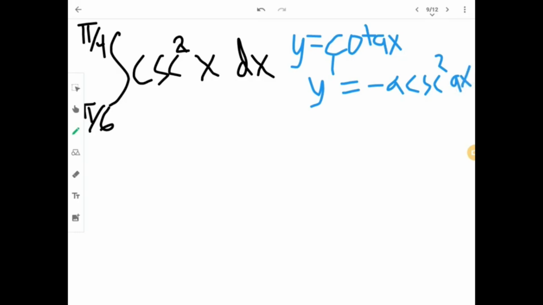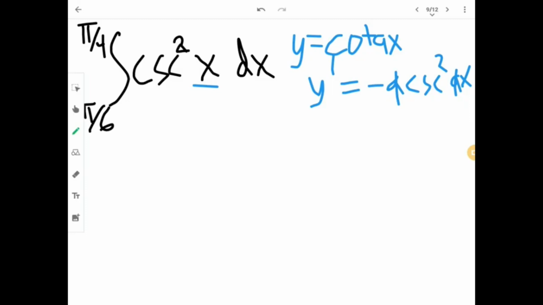You don't have to worry about a now because it's x, it doesn't have any coefficient. But if you did, you would simply divide by it. So the derivative of cotangent is minus cosecant squared.